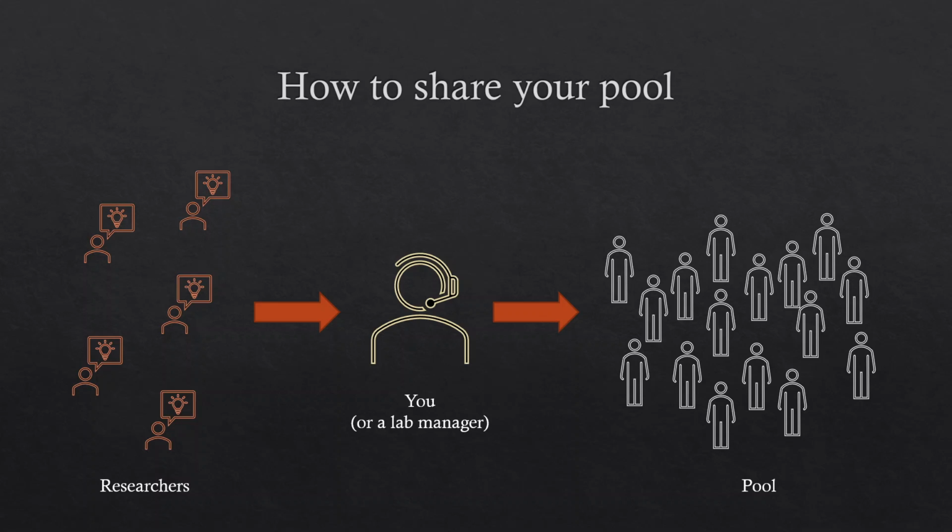The manager, you, then says, "Well, here's the form you need to fill out to make sure we have the title and the study description and everything that we need to do it." Then you, the lab manager, test their study, make sure it works. And then when all of the check boxes have been checked and all of the material has been collected, you send it out to your pool in a nicely formatted, brand-aligned, tone-aligned email, so that people know it's coming from you, even though it's somebody else's research.